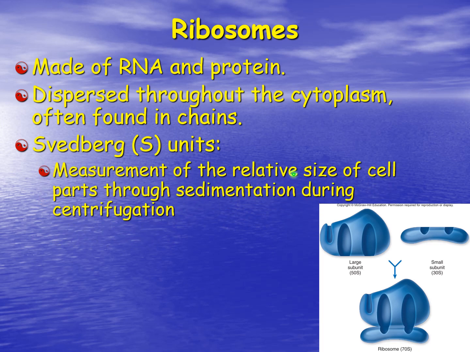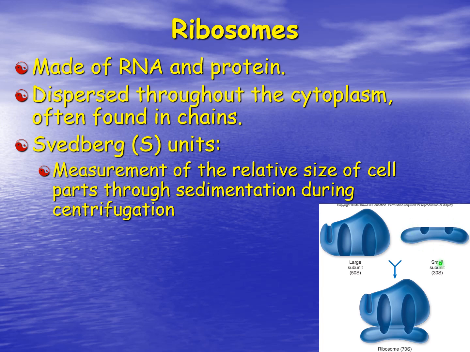This is a measurement of the relative size of the cell parts through sedimentation during centrifugation. I won't go into that, but basically the S unit is how much each of these subunits weighs. In the prokaryotic cell, the large subunit is a 50S subunit and the small subunit is a 30S subunit.